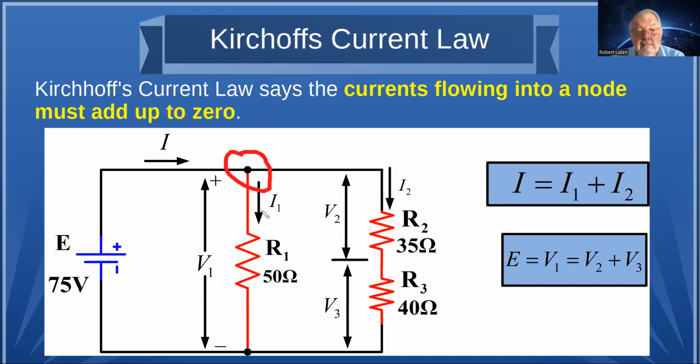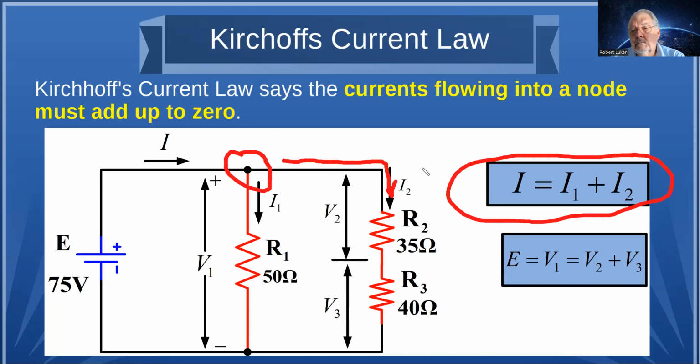I have I1 coming out of the node. I have I2 coming out of the node. So I1 and I2 must equal I, which is this equation over here. So they have to add up to 0. So if I subtract I1 and I2 from I, the result will be 0.